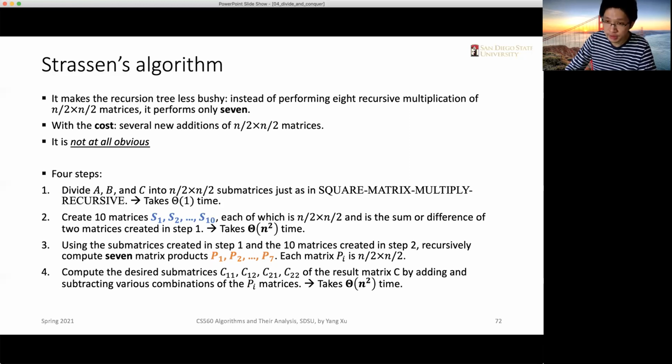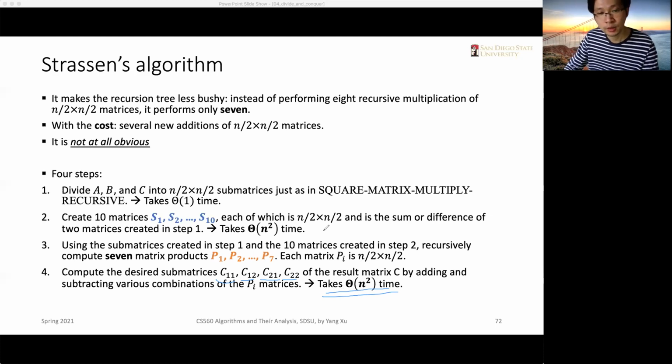And lastly, because we don't have the C's yet, we will use the P's computed from step 3 to conduct some additional adding and subtracting combinations in order to compute the final capital C matrices, C11, C12, C21, C22, which also comes with some additional n squared amount of time.